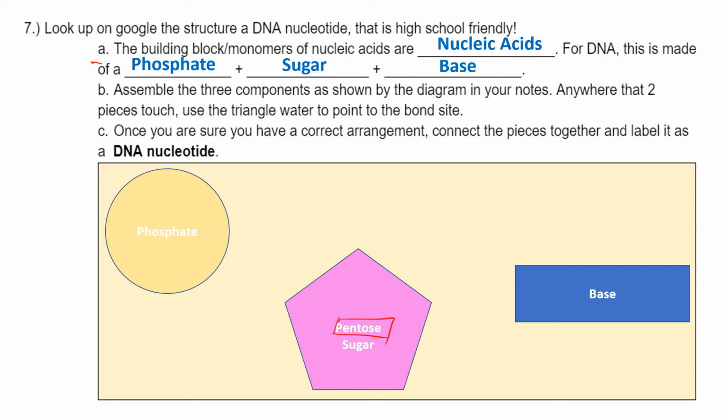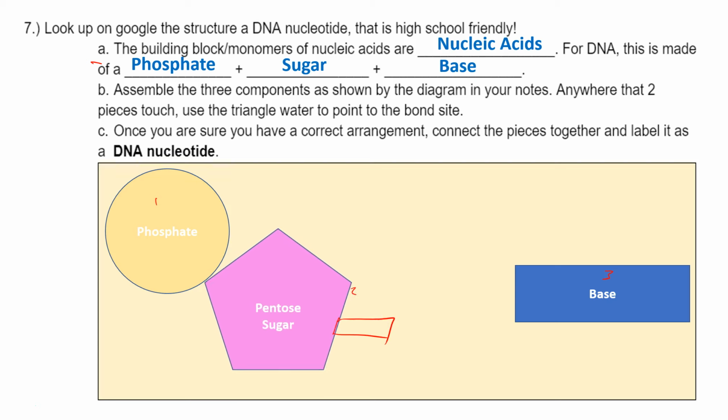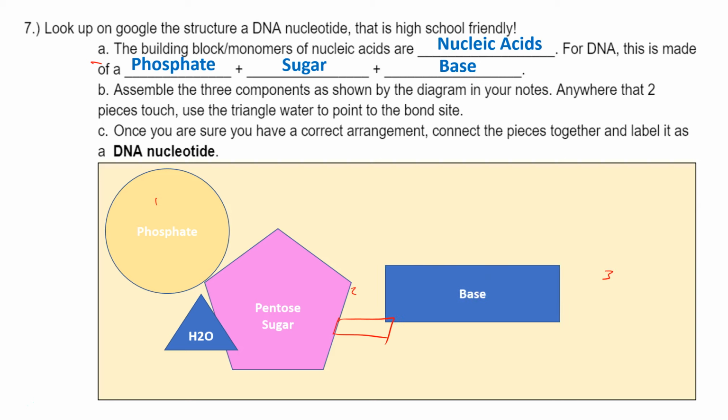Again, we have three molecules. 1, 2, 3. Minus 1, we should have 2 waters leaving, okay? So, the way this should look, when those bond, you have a water leaving the bond site. When the base bonds with the sugar, you should have a water leaving the bond site, okay? Your nucleotide should look something similar to that.